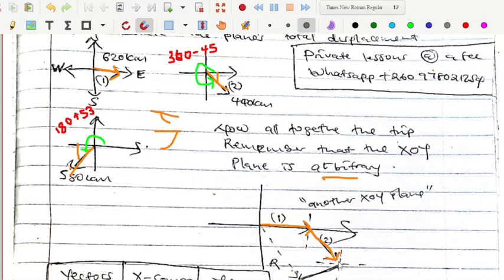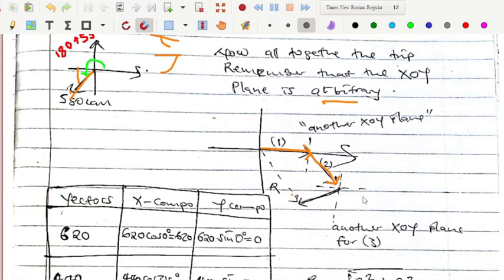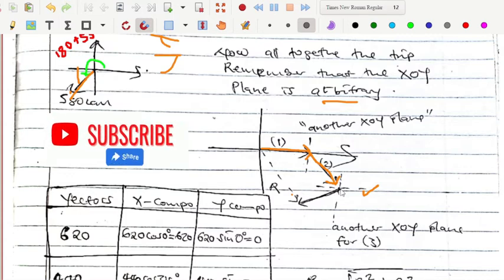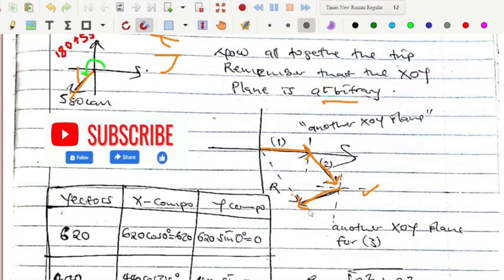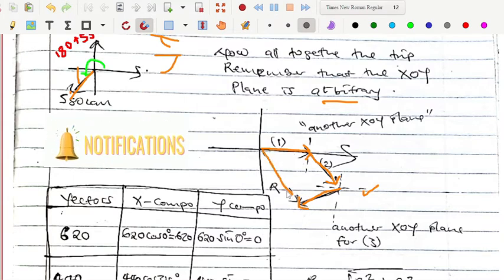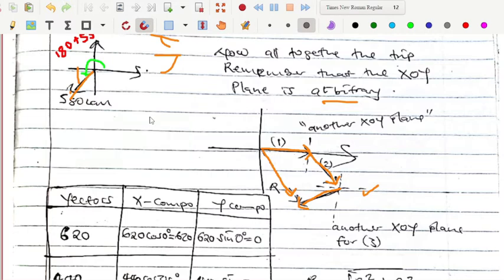That is what you are seeing. Where it is ending, that's where the other one will start also. This is the other xy plane. So as you can see, there it goes. So now the resultant, it will be like that one. As you can see, it is easy now.